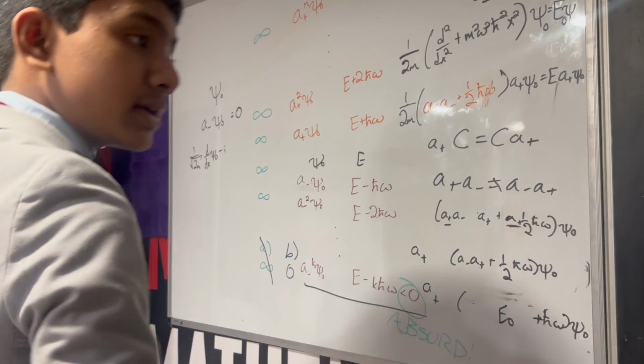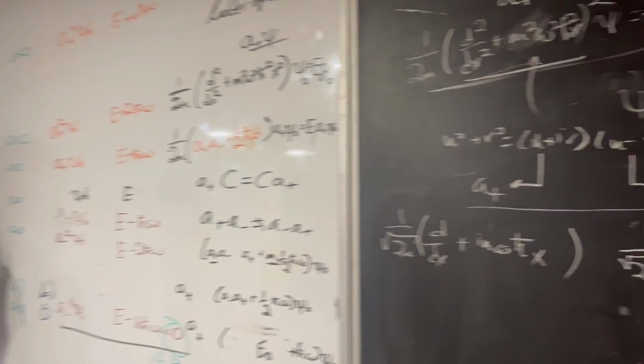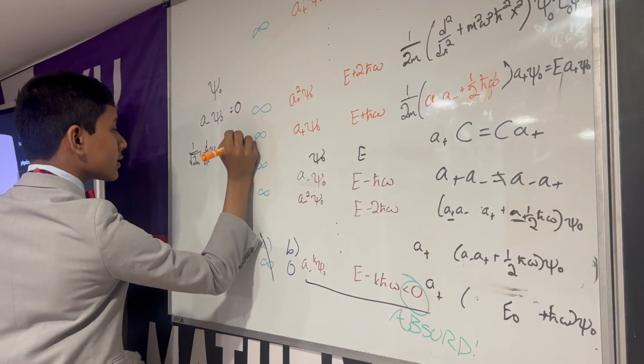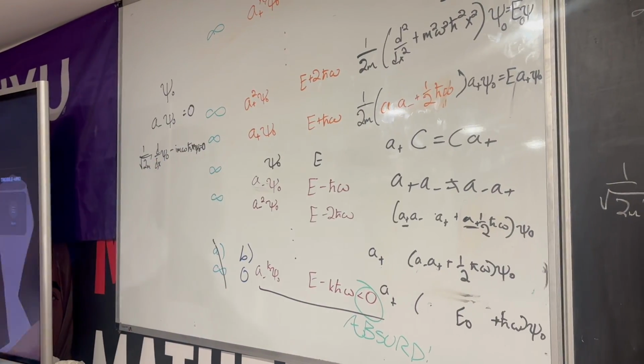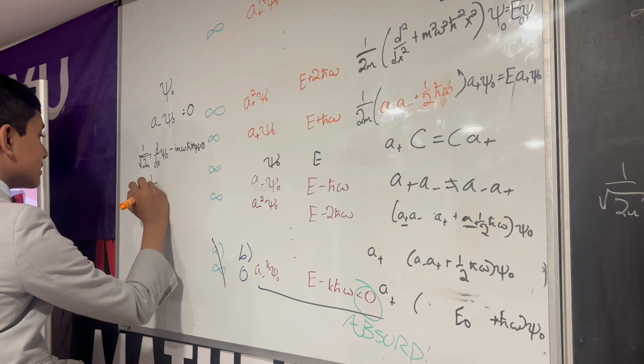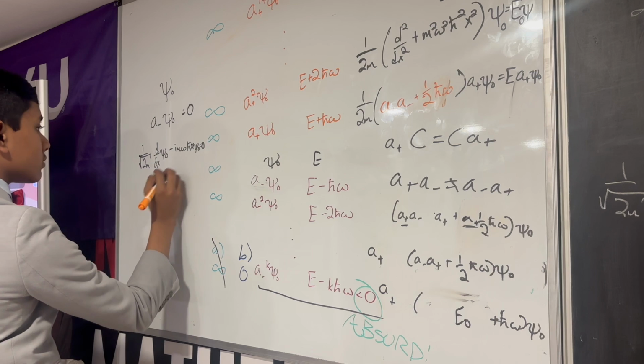And this looks intimidating, but it's solvable by separation of variables. You write this side as d psi naught dx is equal to I m omega h bar x psi naught.